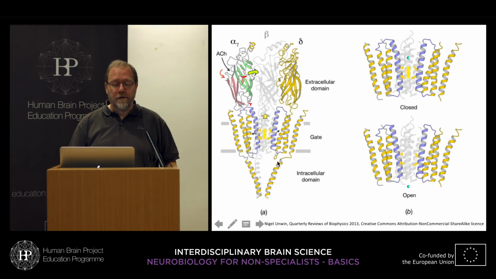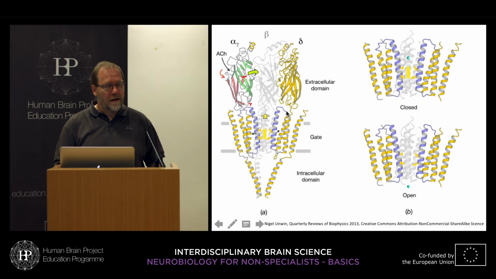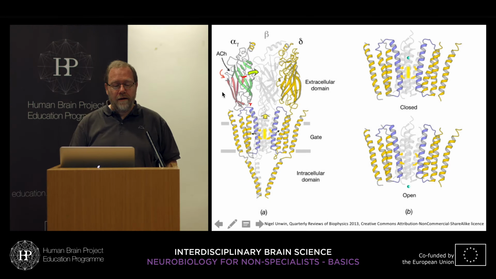If we look at this structure model, we see that there is a lot of movement in these receptors. The binding of the acetylcholine takes place here, but the pore is down here. So what we see is a lot of movement of single parts of the protein. We have a movement of this red part.